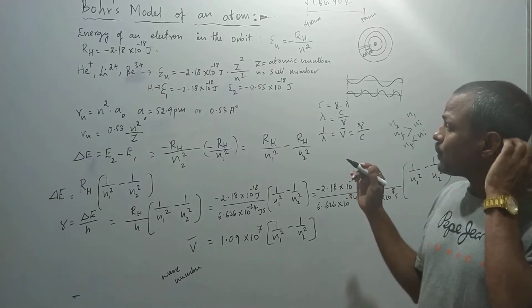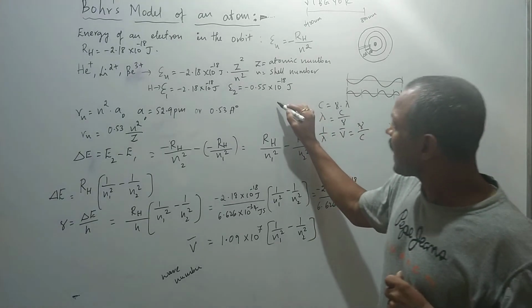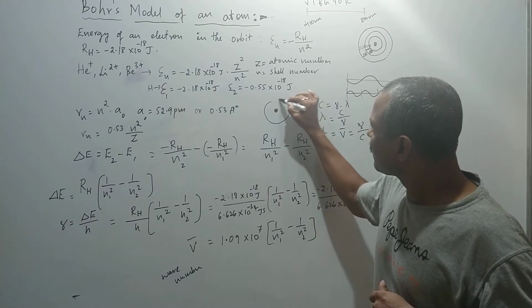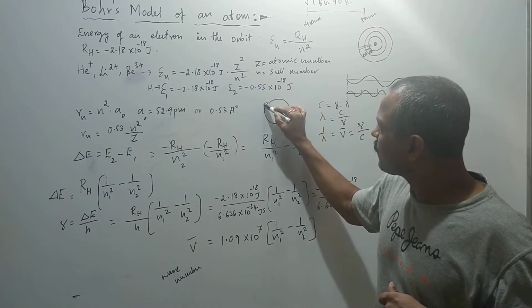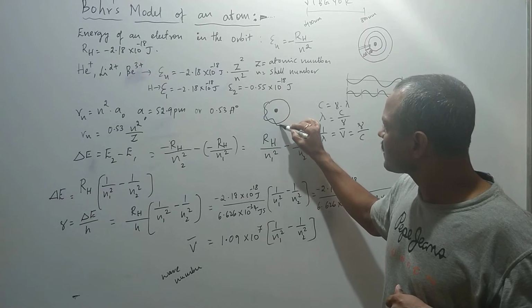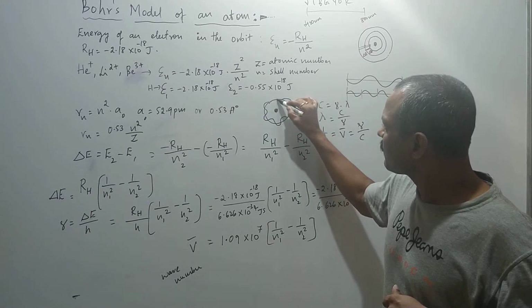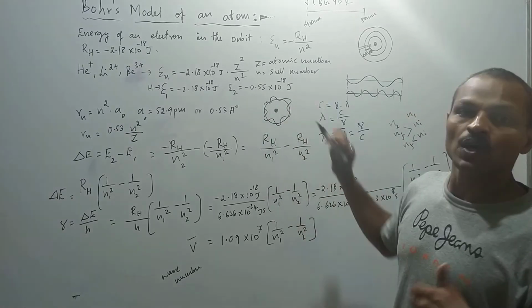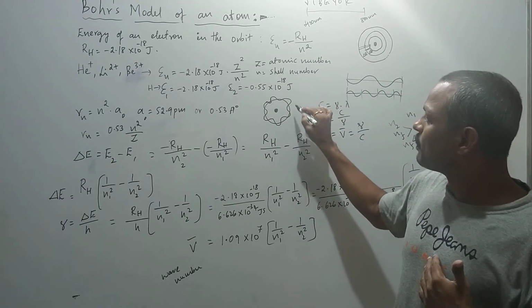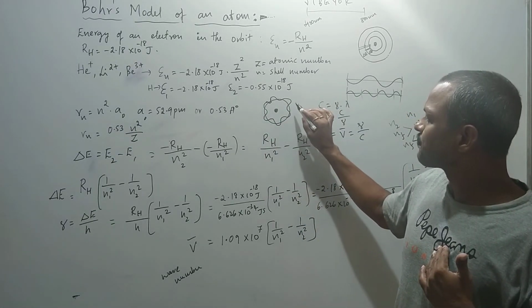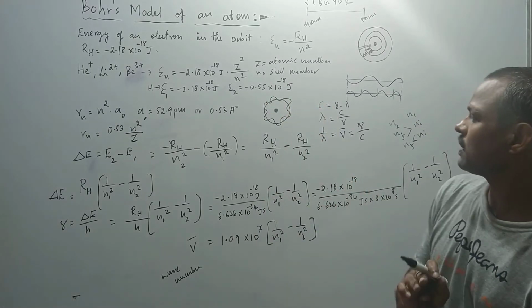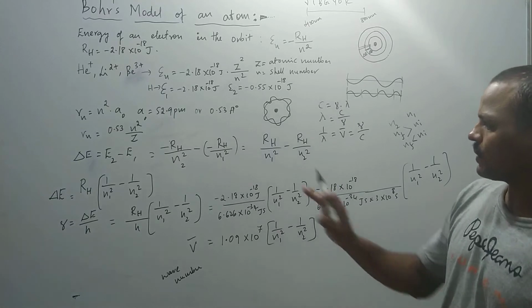If you look into the atom, the nucleus, if you take the electron, it moves not exactly along a path, it moves like waves. So it has both momentum as well as wave nature. That's how it gives you an idea.